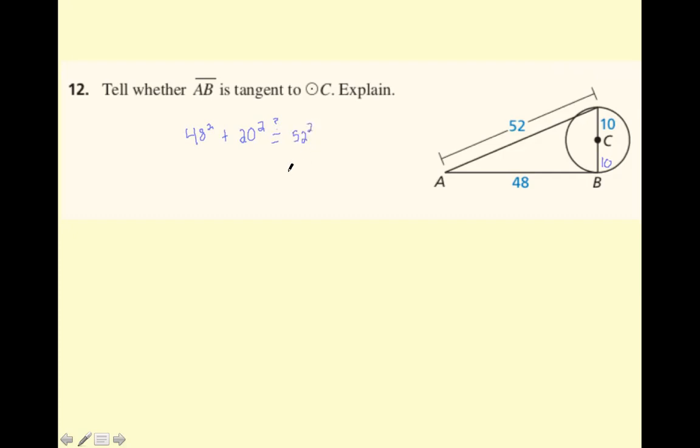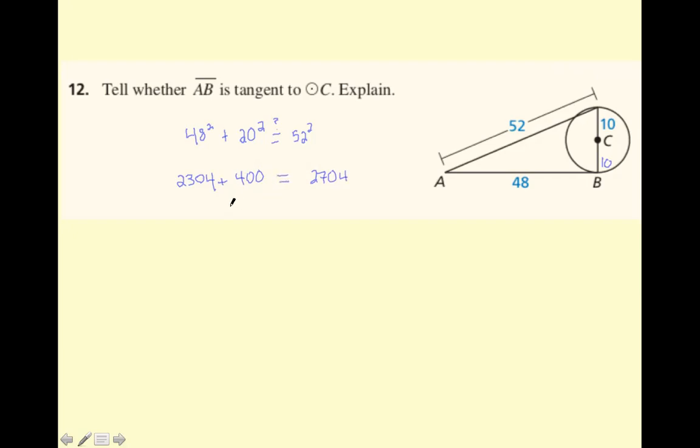If it is, then I know it's tangent. So if I do 48 squared, I get 2304, plus 20 squared would be 400. And I want to know, is that equal to 52 squared? So if I do 52 squared, I get 2704. So is 2304 plus 400 equal to 2704?